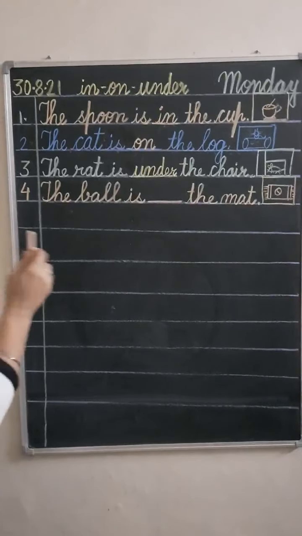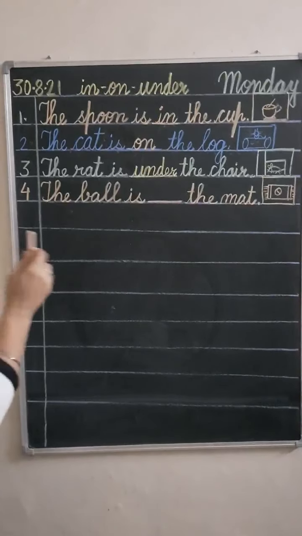So here we will fill on. Okay. Now the 5th sentence is number 5: The kite, capital T, small h, small e.